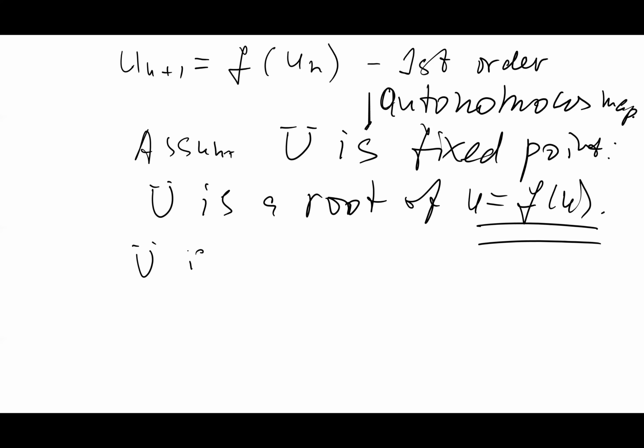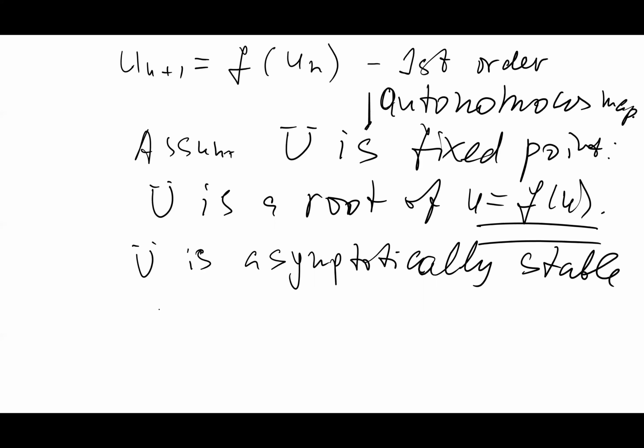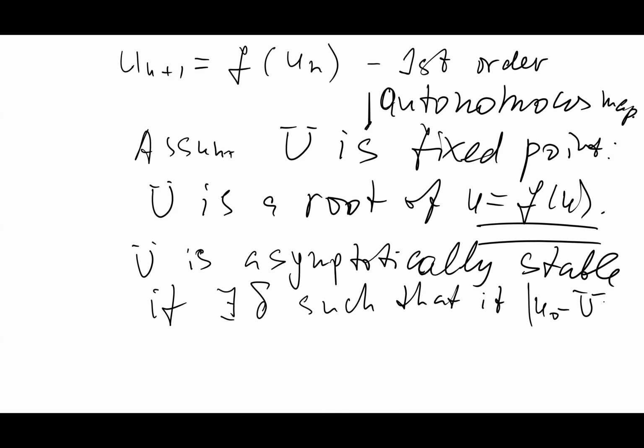asymptotically stable if there exists some delta neighborhood of U capital such that if U_0 minus U capital by absolute value is less than delta, which means that U_0 is in the delta neighborhood of U capital, then U_n tends to U capital as n tends to infinity.